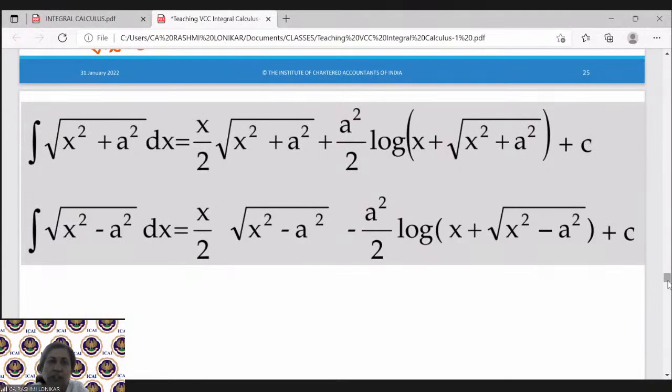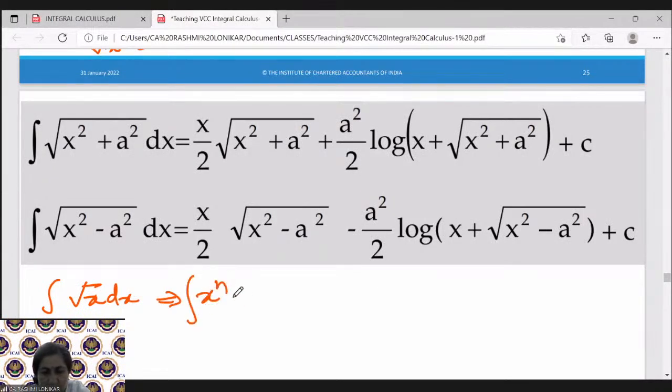Okay, when you have integration of square root of x square plus a square. Had it been simply square root of x dx, which formula do we use? I use the integration of x raised to n. But here it is square root of x square plus a square, so there is a function inside the square root sign.